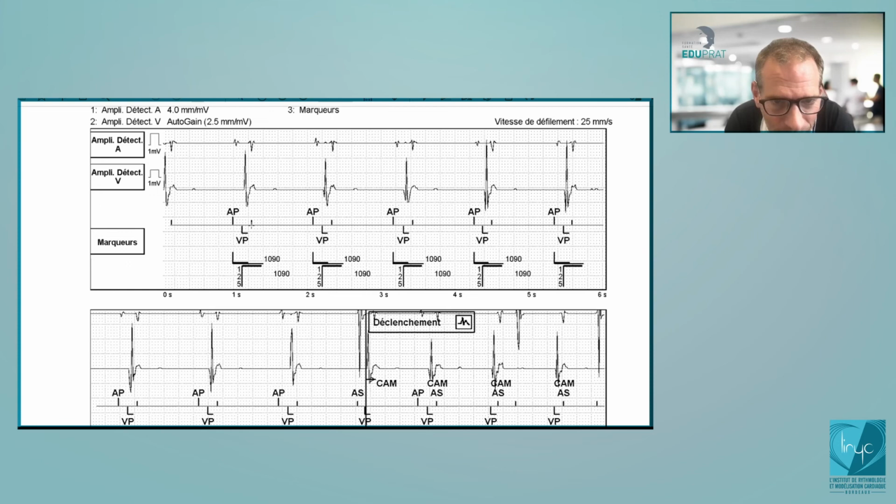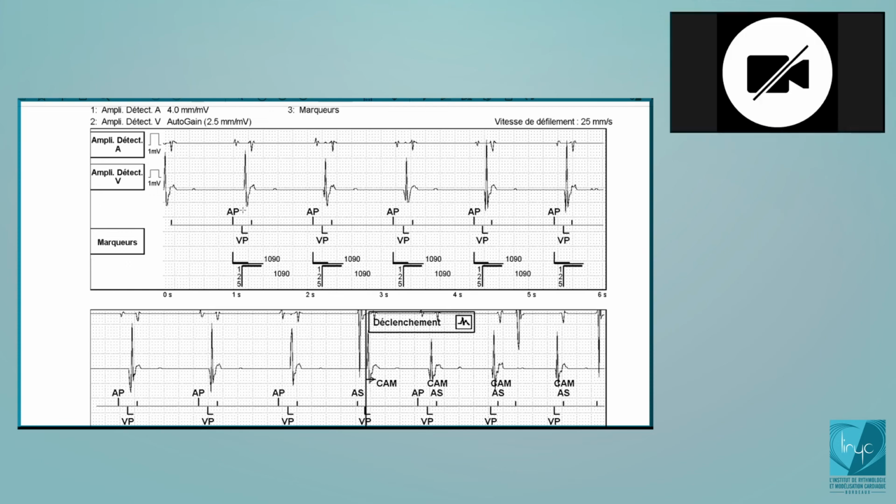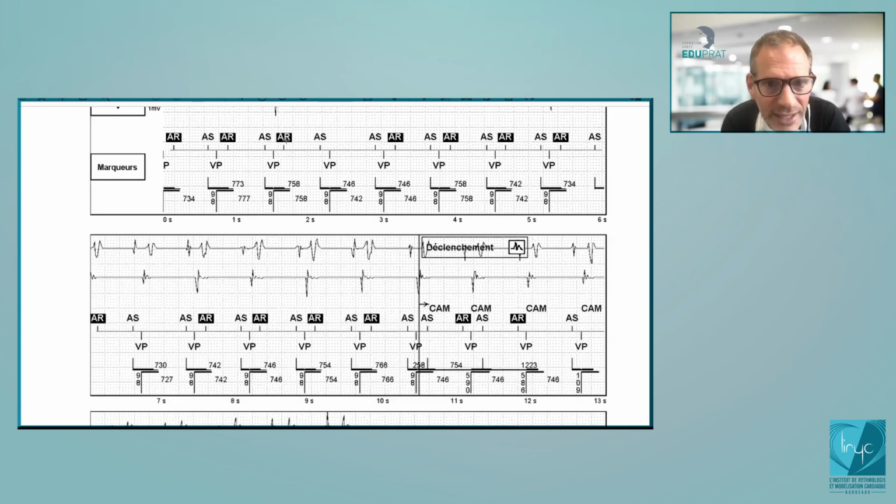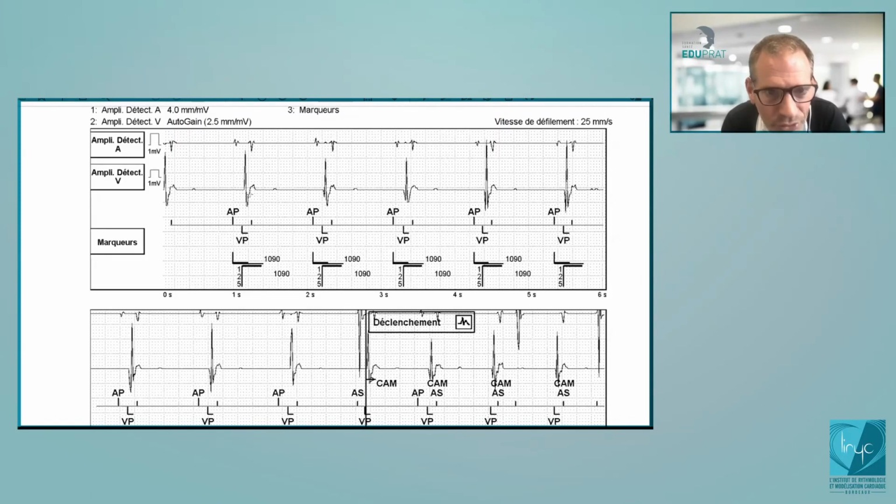You agree with that? So there is no marker, but here it should be AR. It means that it has been detected and there is oversensing. You see here, it should be AR, just like here, you see AR? Here you just have this, but you should have AR. That's something you need to know.